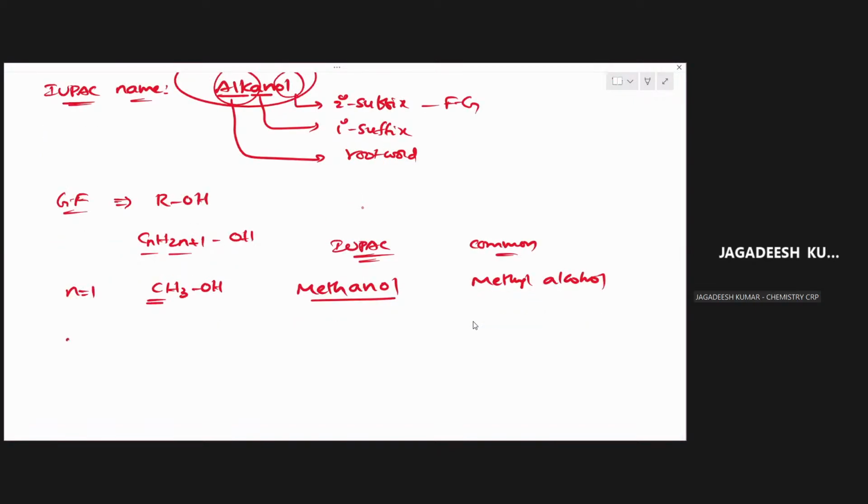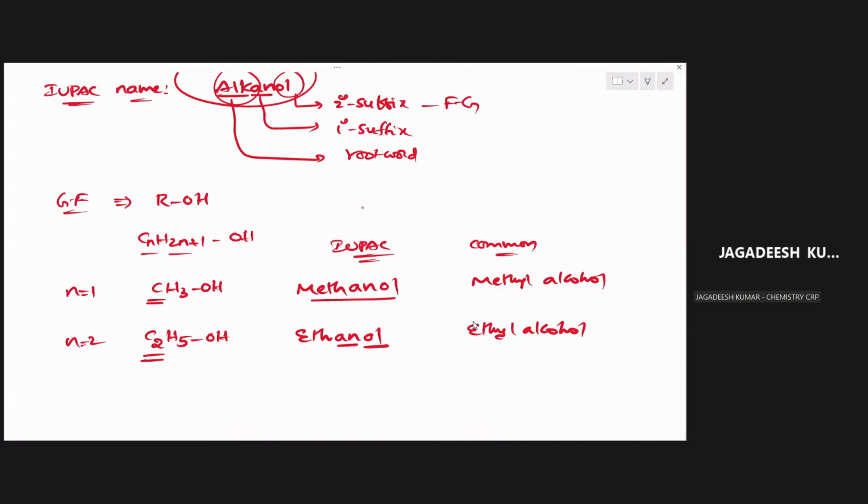If I take n equal to 2, what formula do we get? C2H5OH. Here the root word for two carbons is eth. The remaining part is anol: an is the primary suffix, ol is the secondary suffix. So ethanol, but the common name is ethyl alcohol. Generally, our textbooks give common names also.